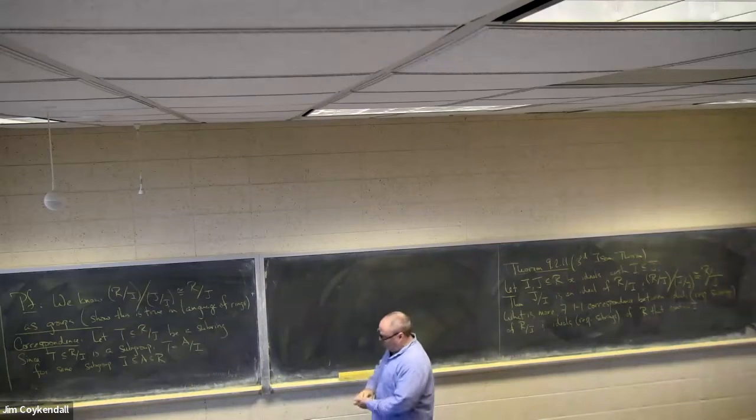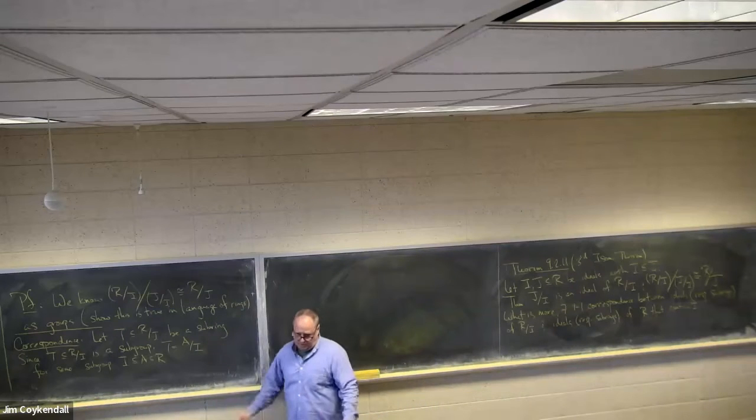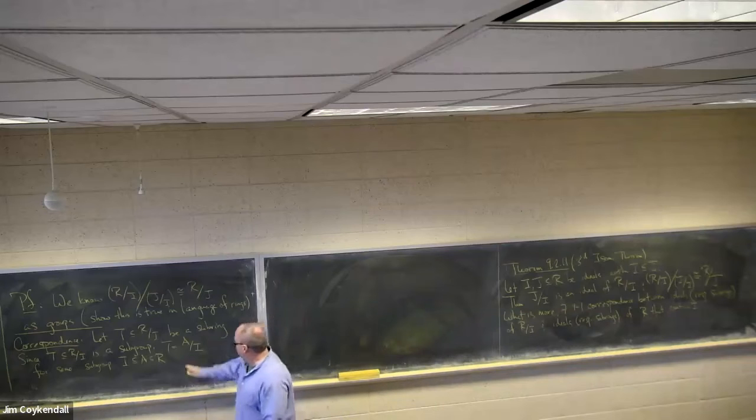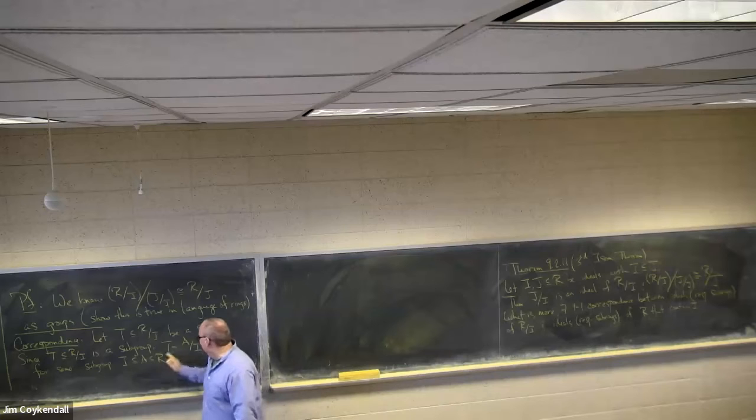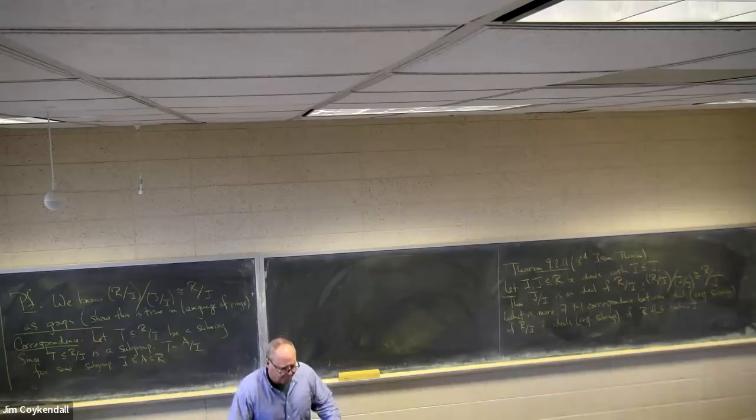But here, talking about subgroups in this context, they're all normal. And so whatever subring is a subgroup, that's a normal subgroup. So it has to be of this form, where A is some subgroup. Okay.